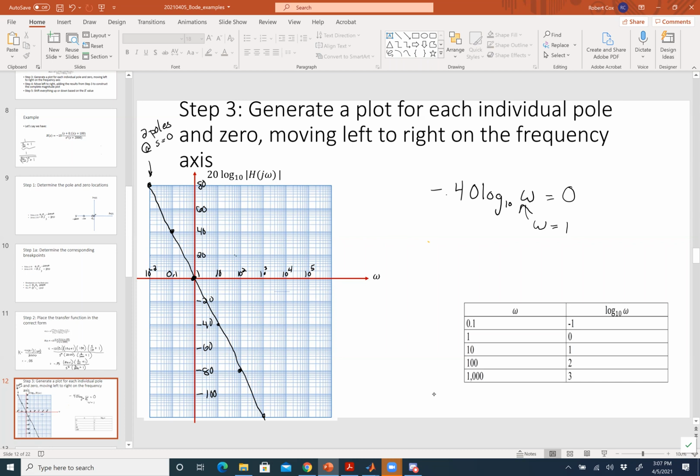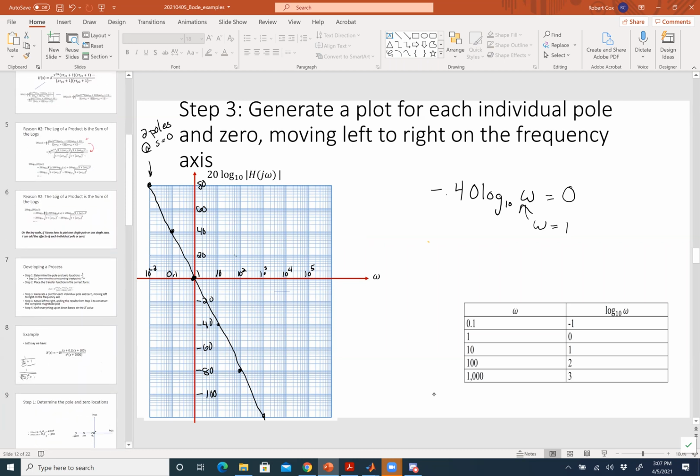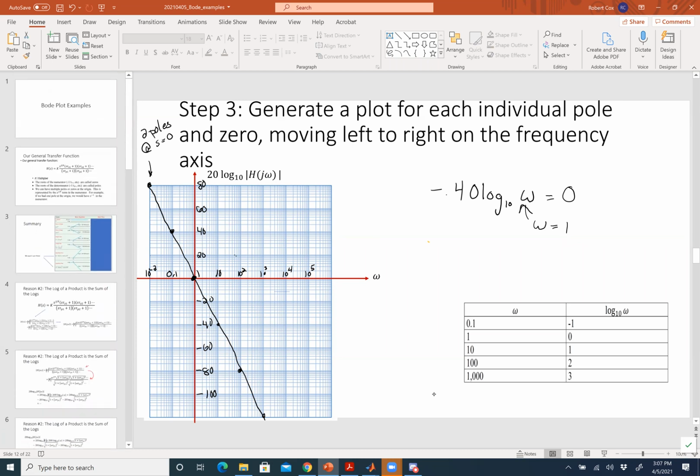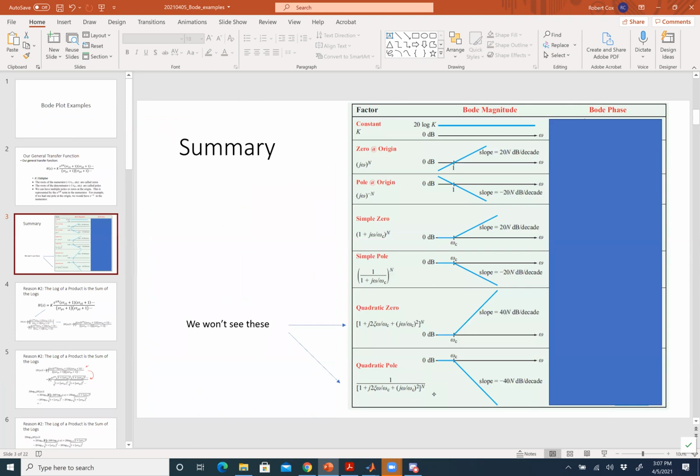So this is quite simple to think about. There's basically for us 4 building blocks. If I have a pole at the origin, at omega equal to 1 is where that guy crosses through 0 dB. If anything, remember that.